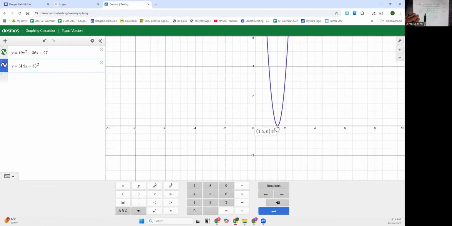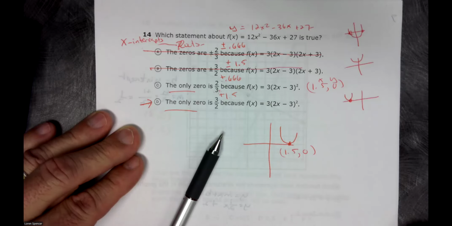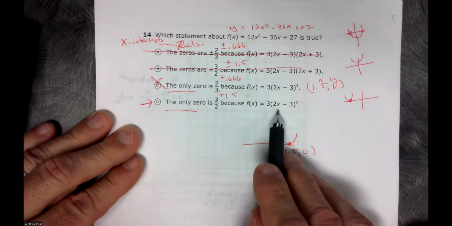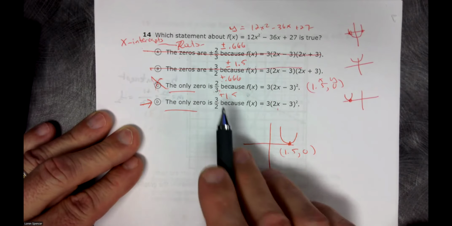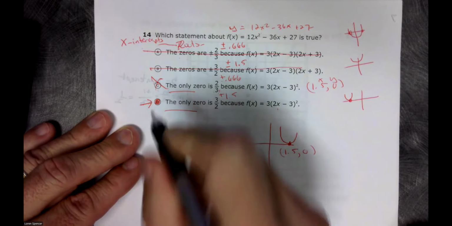But this says 2/3, and look, the point shows 1.5. This says 1.5. I'll come back to this in just a second. Let me swap over. Look where I have it highlighted, and I stopped to share, and I said, oh, it said it was 1.5. Well, no, they said 2/3, so that's wrong. Well, when I look at D, D is exactly the same one, and it says 1.5. So D is my answer. Tricky problem. They were trying to be tricksters on that one. Okay, number 15.